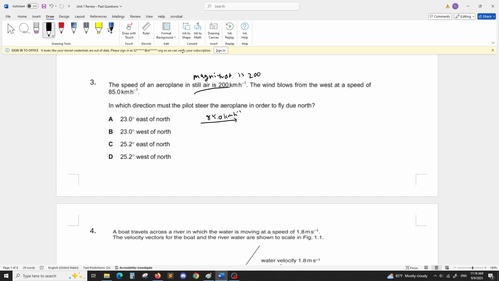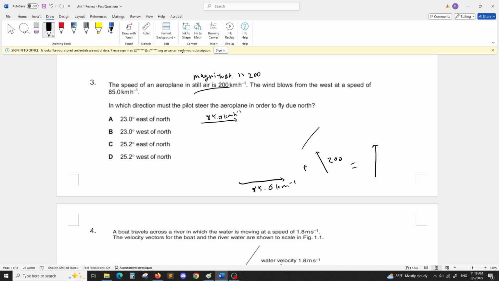And then we want to make sure that this 85 kilometers per hour plus our 200 vector in some direction is equal to due north, just due north. It doesn't matter the magnitude, but we just want it to be due north.